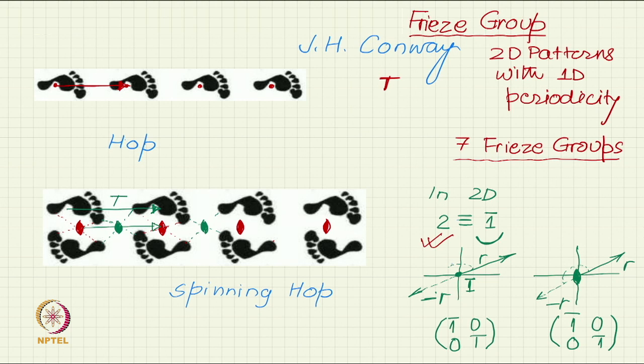Since I am myself forgetting whether I had proved it or not, I can excuse you for forgetting what the content of that was. Whenever you have a combination of a translation and a twofold rotation, you will generate a twofold not at the translation distance, but at t by 2.